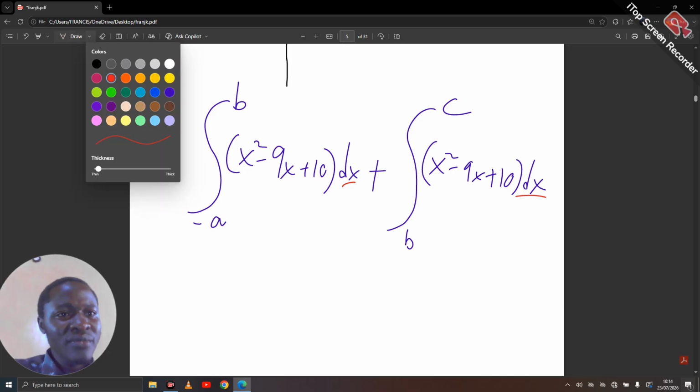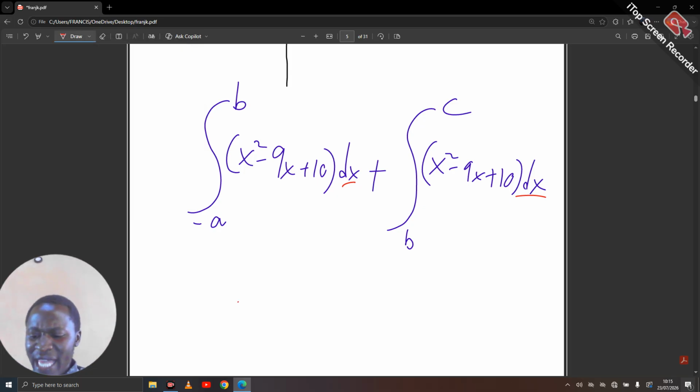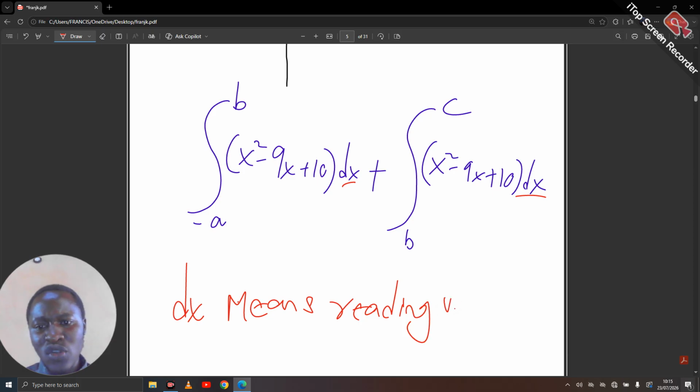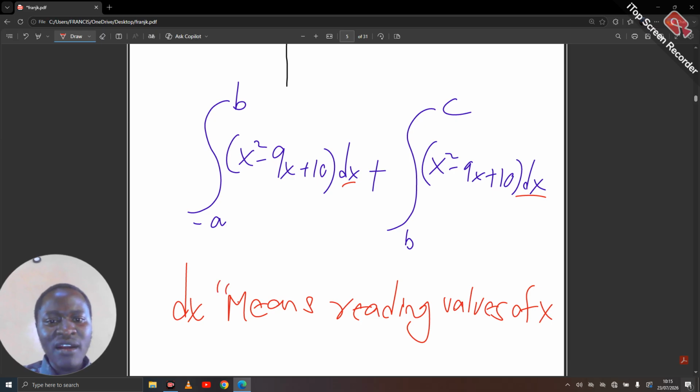Now, dx, when used like this, means reading values of x, reading values of the x-axis. That is just simple like that.